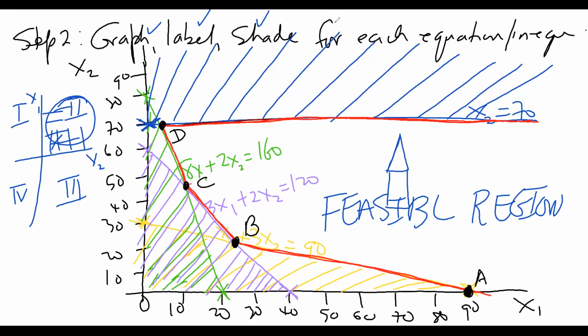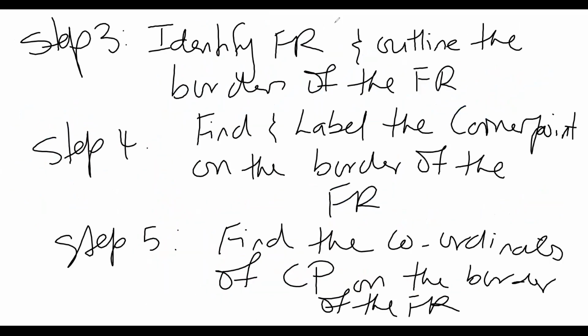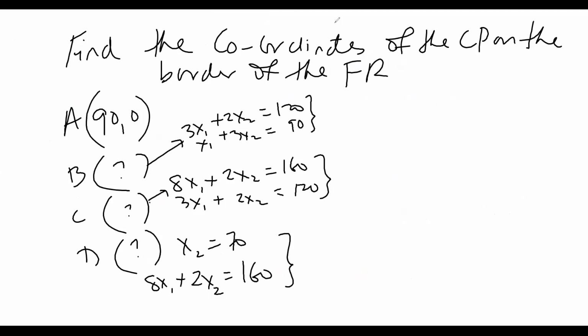Your homework is to solve the simultaneous equations we have written on the board to get the coordinates for corner point B, corner point C, and corner point D, as in dog. And then we will pick that up from there.